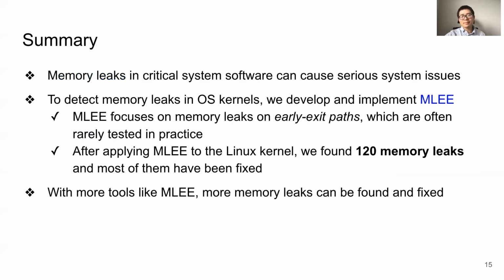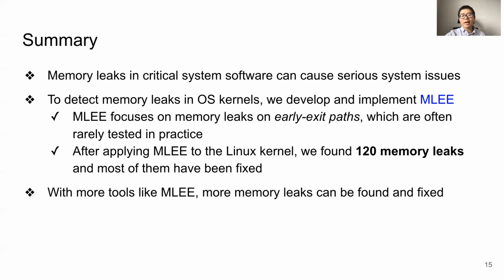To summarize, memory leaks in critical system software can cause serious performance, reliability, and security issues. In this work, we present a static memory leak detector called MLEE to detect memory leaks in operating system kernels. MLEE focuses on memory leaks on early exit paths, as they are often rarely tested in practice.